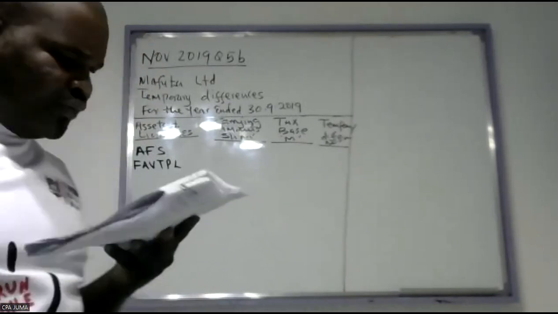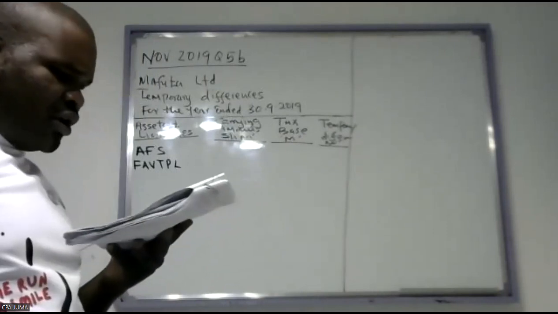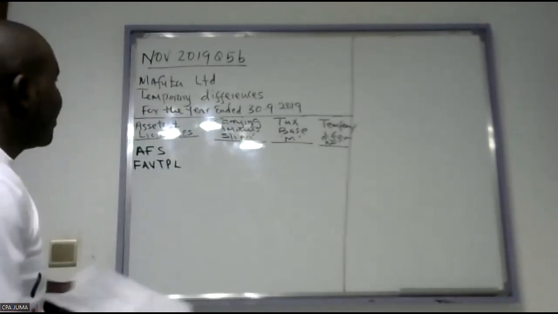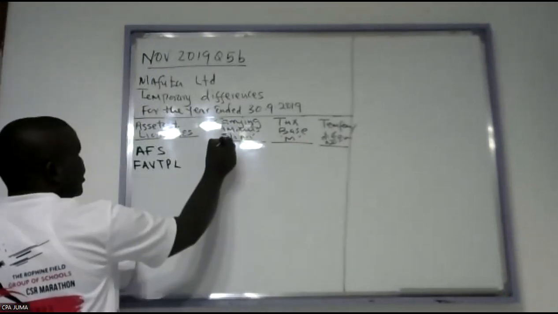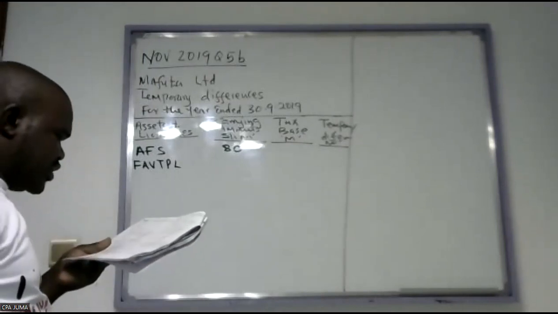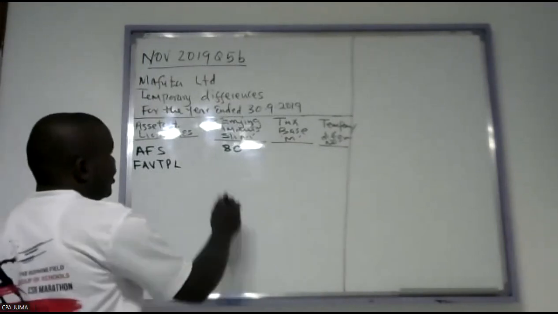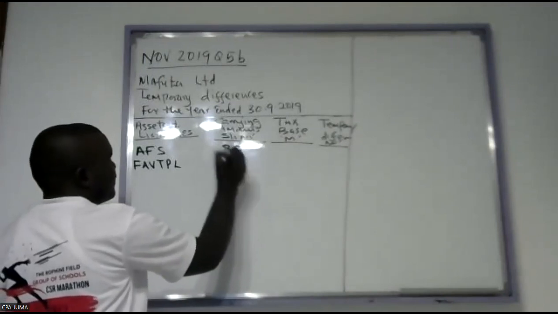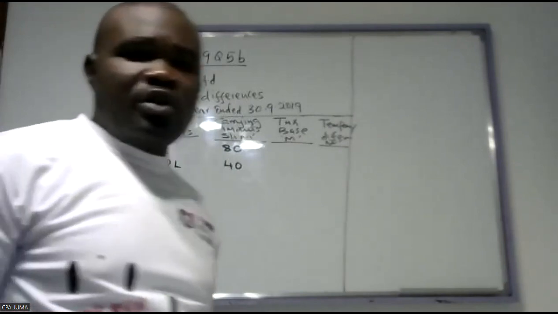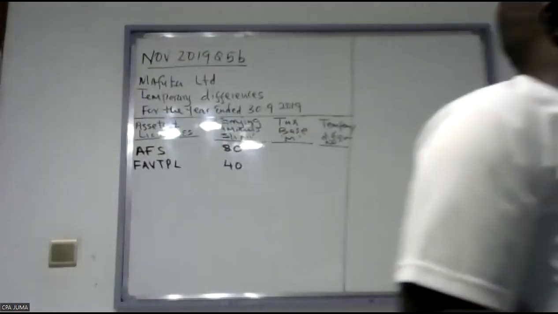They are saying the carrying amount. So when the carrying amount has been given, please don't bring a lot of stories. This one here, they have said the carrying amount is 80, and this other one, 40. So record those two first.